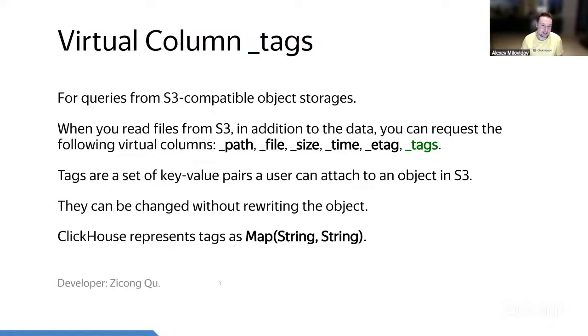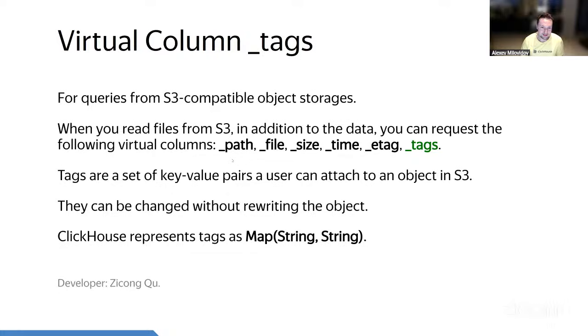We have already a lot of virtual columns that you can select among your data. So let's imagine you process a bunch, like thousands, maybe millions of Parquet files on S3. And in addition to the data inside files, you want to also extract some metadata about the files.